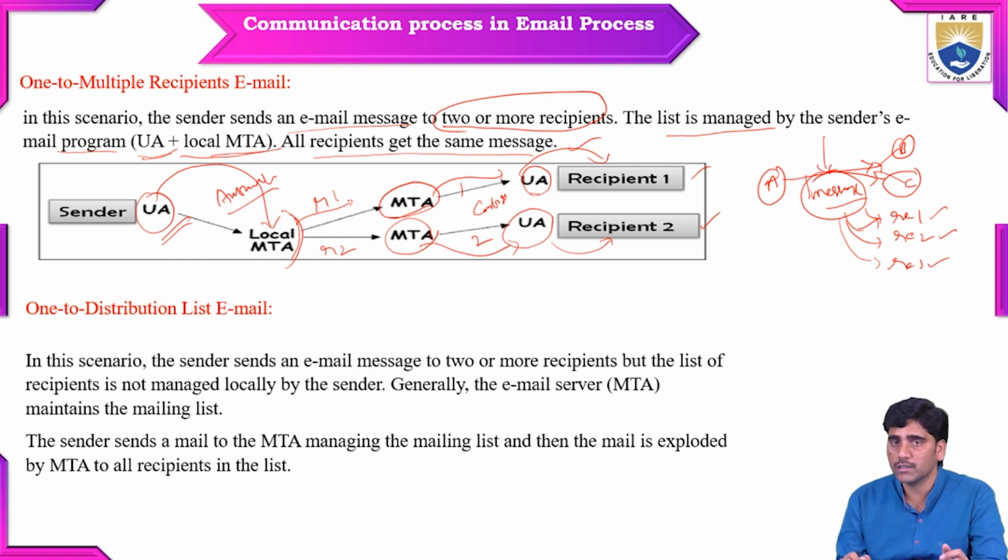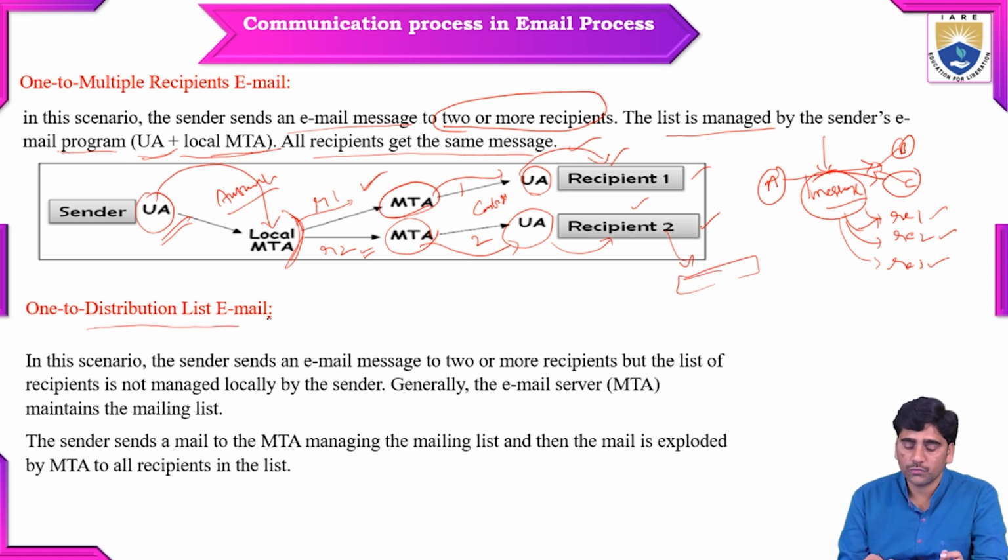With the help of this local MTA, we are forwarding that mail to recipient 1 and recipient 2. The local MTAs on the recipient side forward that mail to the recipients, and now the recipients have the messages in their inboxes.